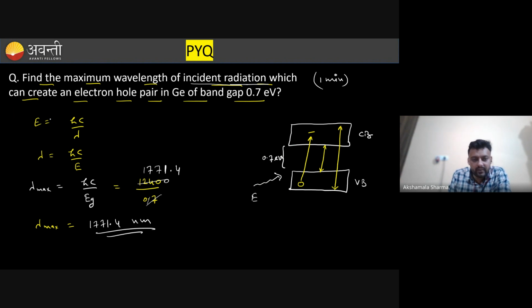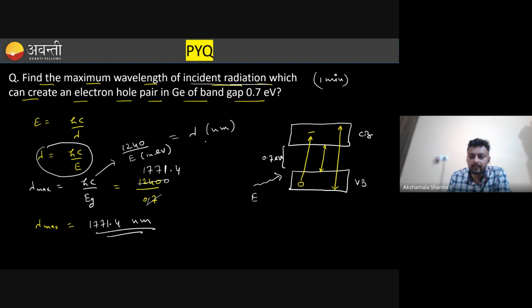I hope you remember this relation from the photoelectric effect: the value of hc is 1240 when energy is in electron volt, then wavelength will be in nanometer. I hope you remember this relation. So maximum wavelength should be 1771.4 nanometer. I hope this is clear.